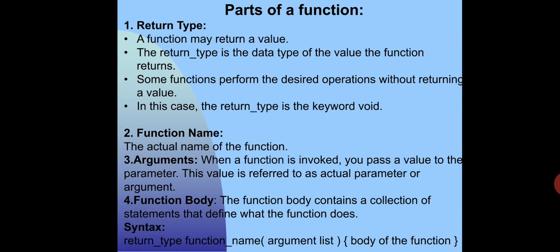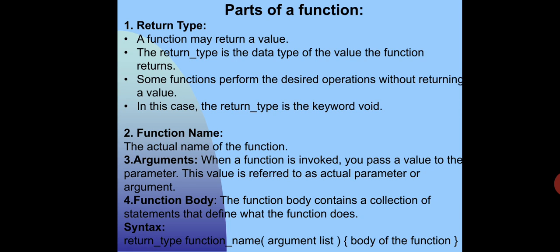The main parts of a function are return type, function name, arguments and function body. What do you mean by return type? A function may return a value.